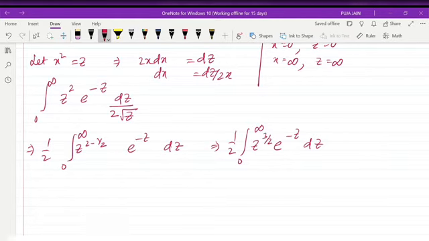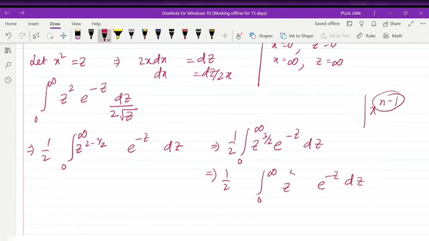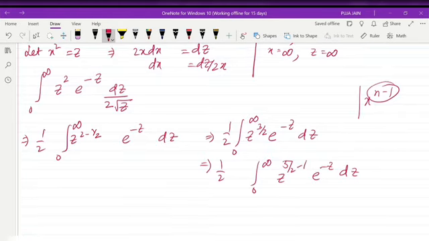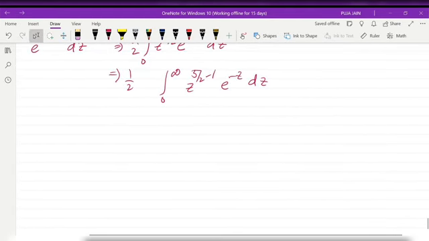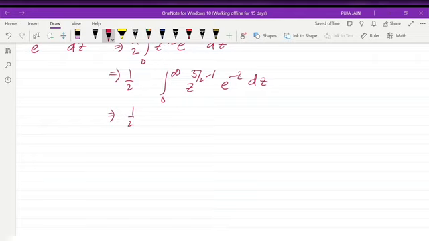Okay. Now 3 by 2 can be written as what? We have to write in the form of x to the power n minus 1, that is n minus 1. So it can be written as 5 by 2 minus 1. So we are getting this as half integral 0 to infinity. This is in the form of gamma function only. So we can write half gamma 5 by 2.